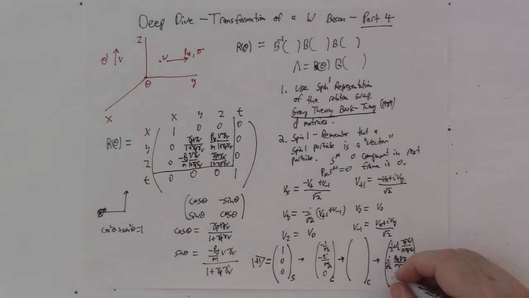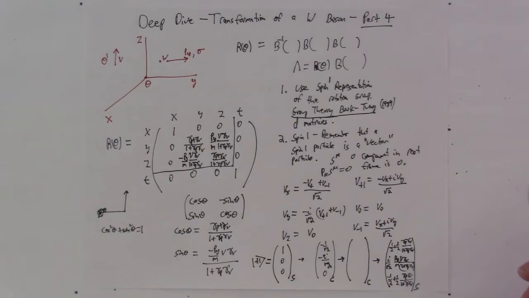I know this is hard to read, but then the final one would be minus 1/2 plus 1/2 gamma p gamma v, over 1 plus gamma p gamma v.